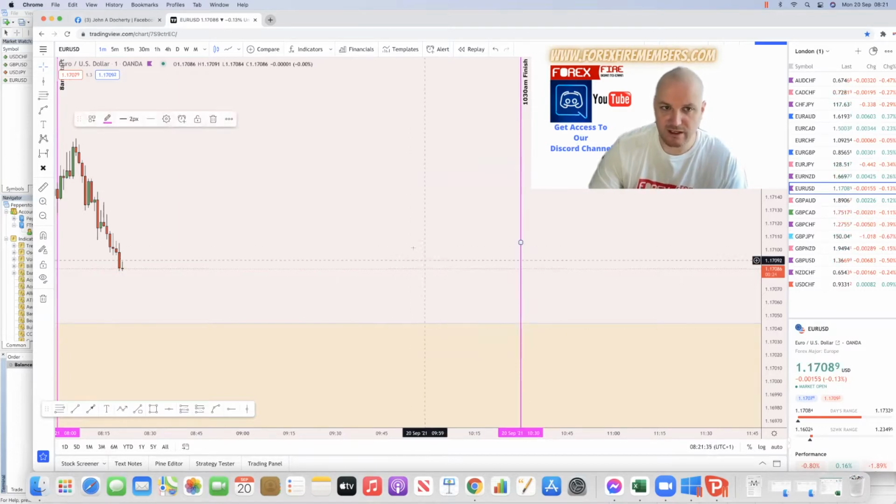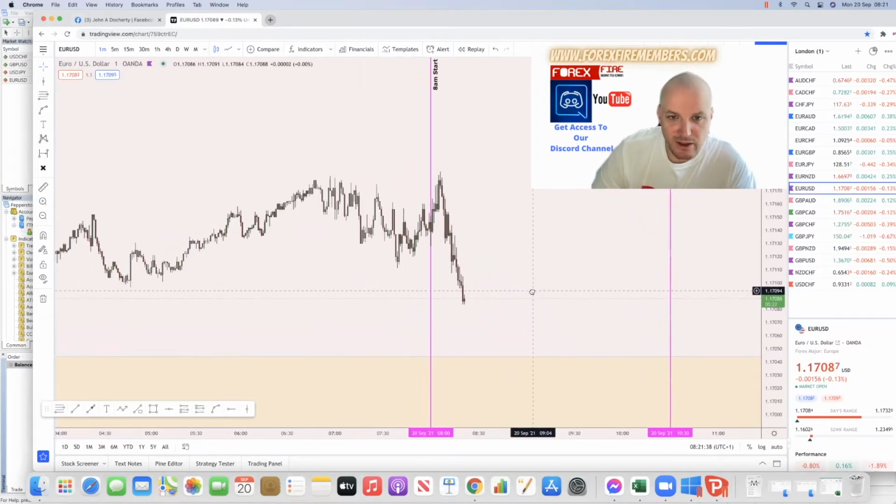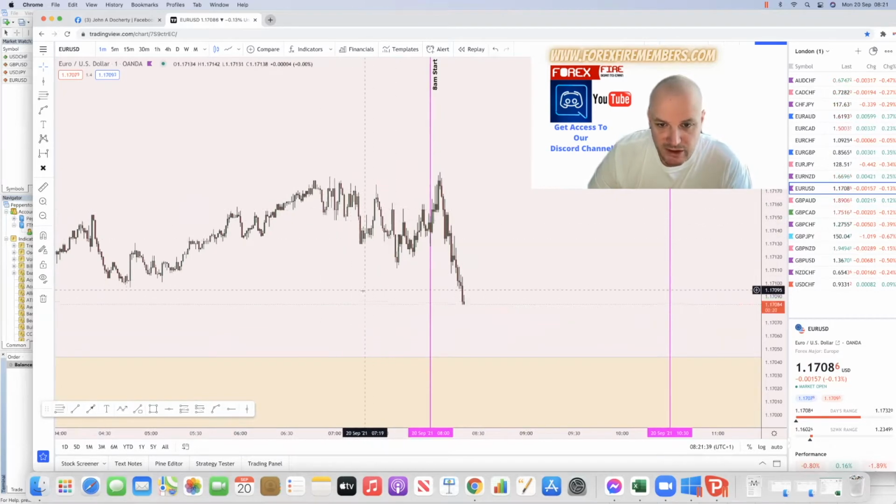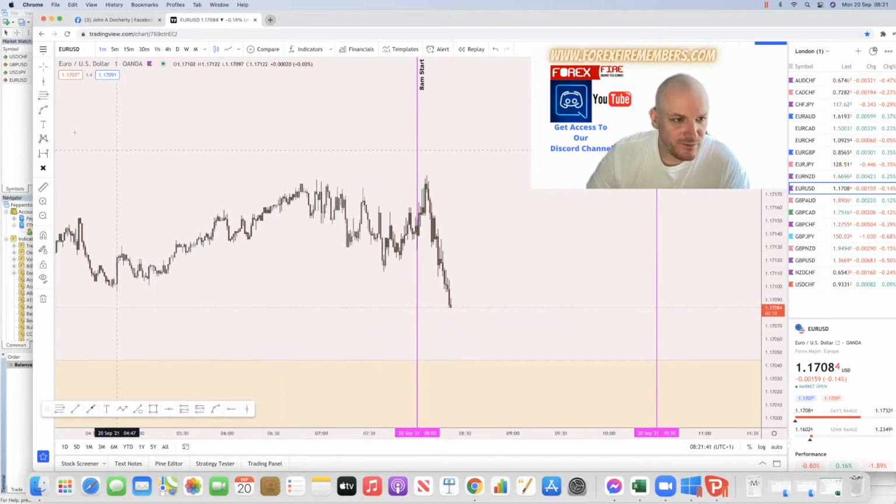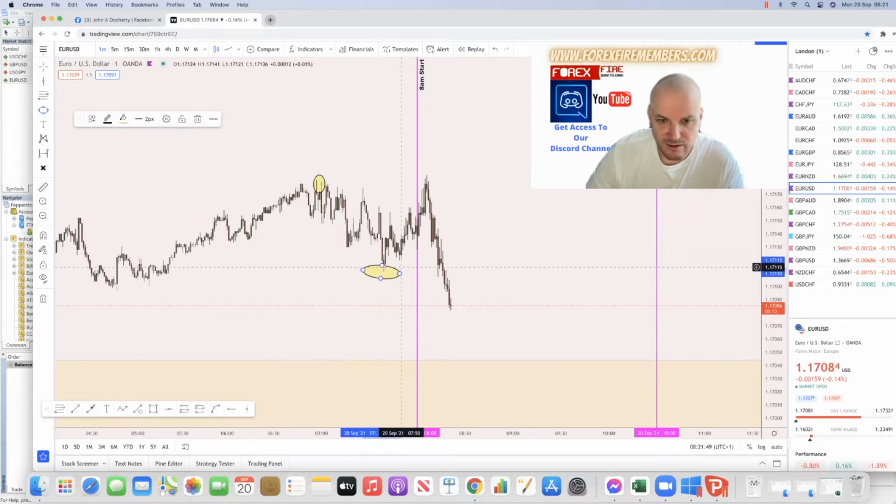That's our working time. From there we look at the swing point to the left, identify those areas, the high, the low.